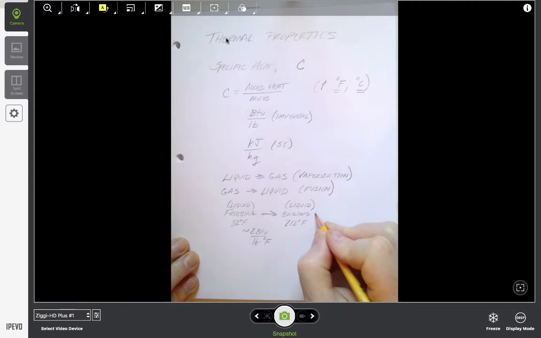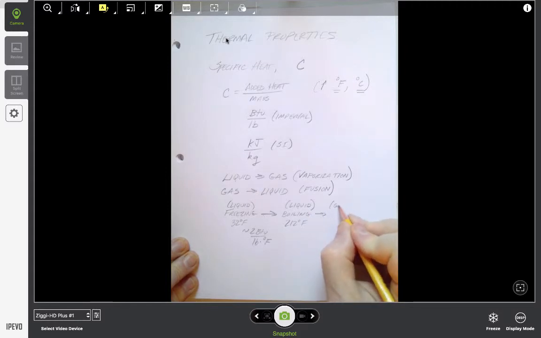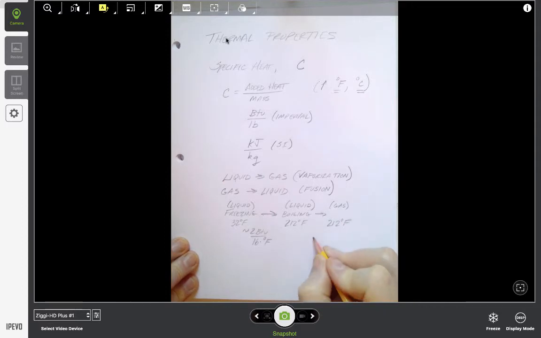But to go from boiling liquid to boiling gas, still at 212 degrees Fahrenheit, it's about 9,000 BTUs per pound. Okay, so raising temperature is important, but to get the phase change, at least with water, takes an incredible input of energy. These are all approximate.